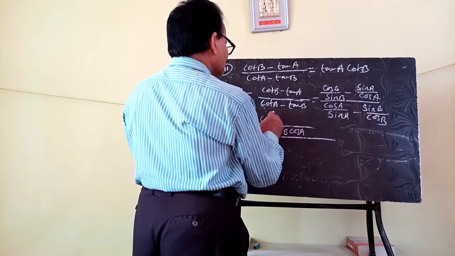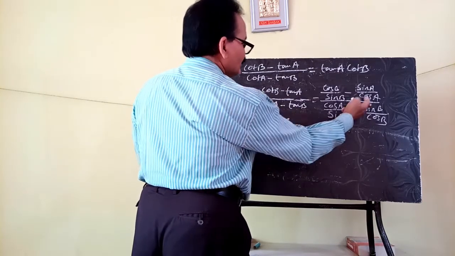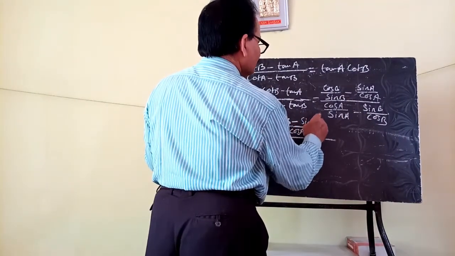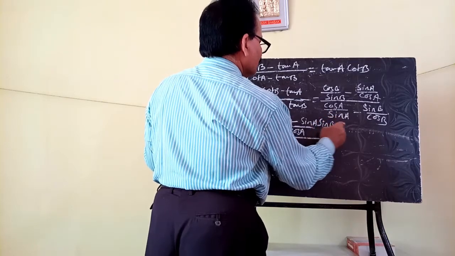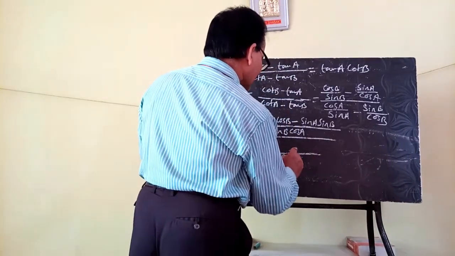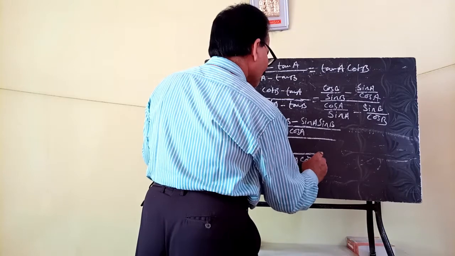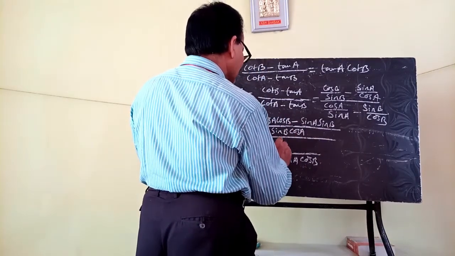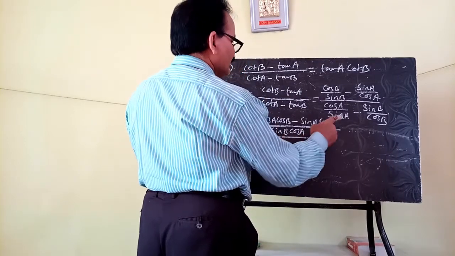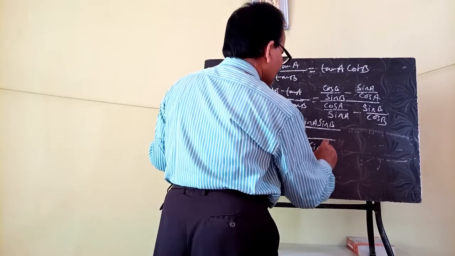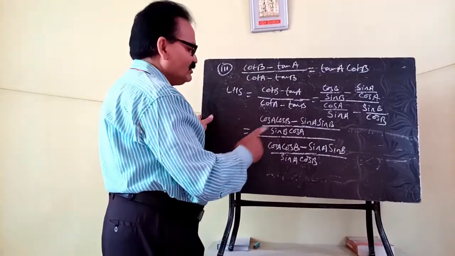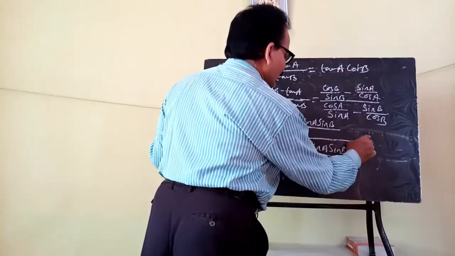So this is cos A cos B, because this cos A is multiplied with cos B, minus sin A into sin B. In the same way in the denominator, this is sin A cos B, and this is cos A cos B minus sin A sin B. Now you have to get the final fraction.